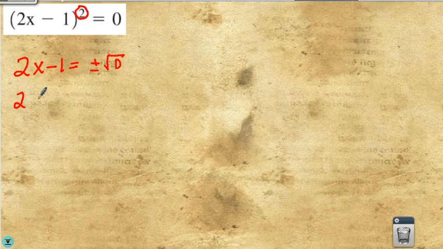Square root of 0 is 0. Do I need to put positive 0 or negative 0? I wouldn't. 0 is neither positive nor negative. You don't need that symbol on it. Last step, to get rid of minus 1, move it over. Turned into plus 1. And to get rid of 2, divide by 2. One answer.